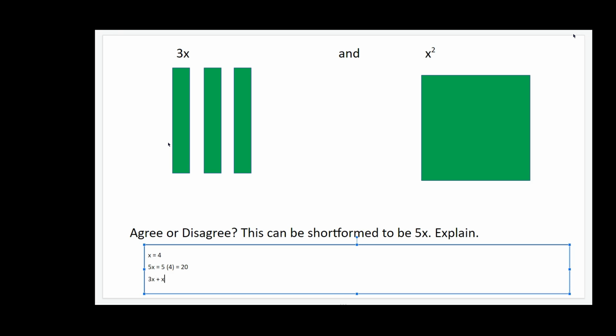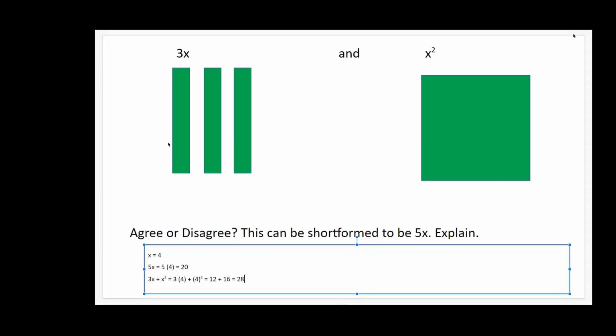So 3x plus x squared would be 3 sets of 4 plus 4 squared. And I didn't need to put my 4 in the brackets, but just to help keep it separate, I thought I would do that. Well, 3 multiplied by 4 is 12, and 4 squared is 16. 12 plus 16 is 28. So I can see there that those are not the same.